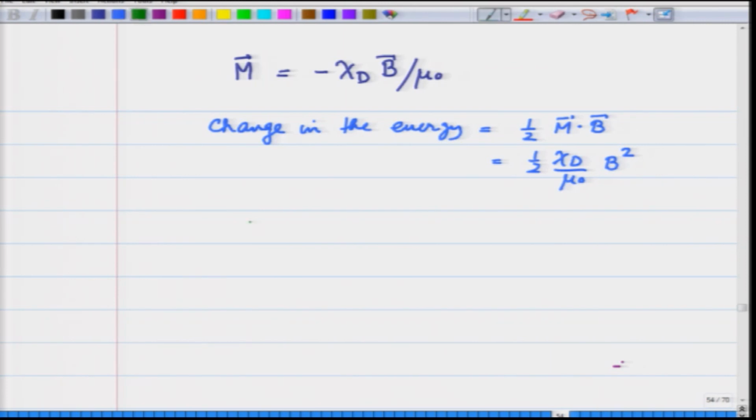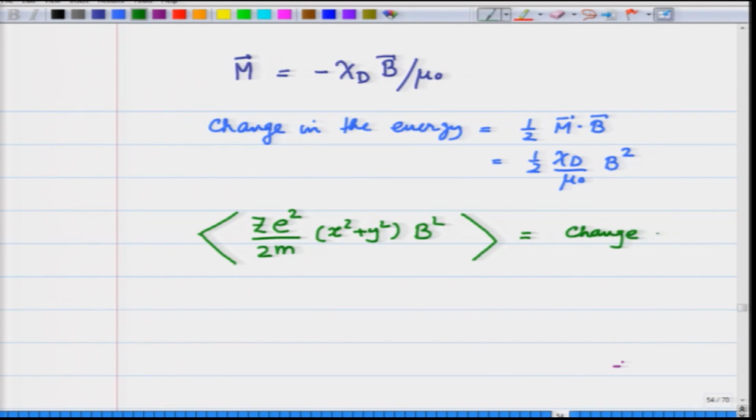The last term that we saw in the Hamiltonian is z e square over 2 m times x square plus y square times b square, and its expectation value will be equal to the change in the energy. Which I can write, and there is a 1/4 also which I missed.